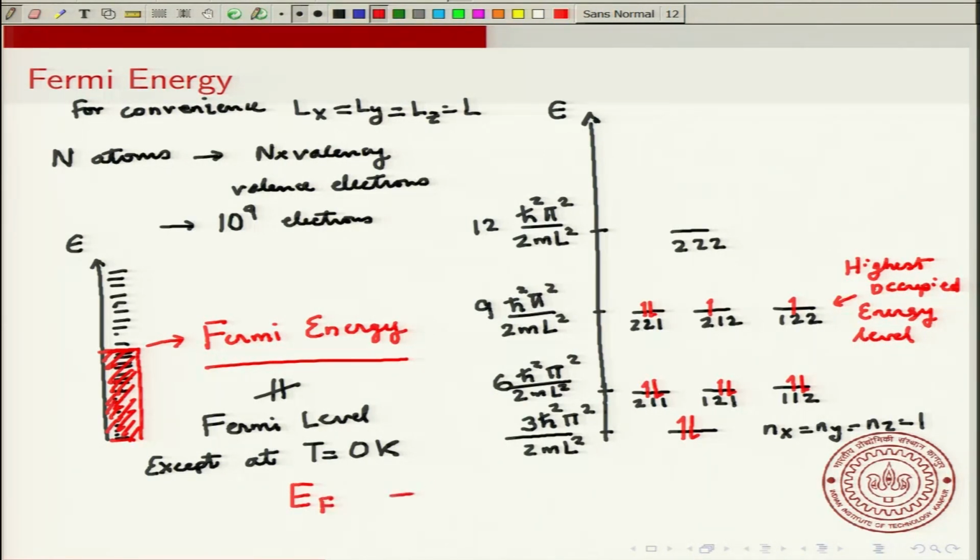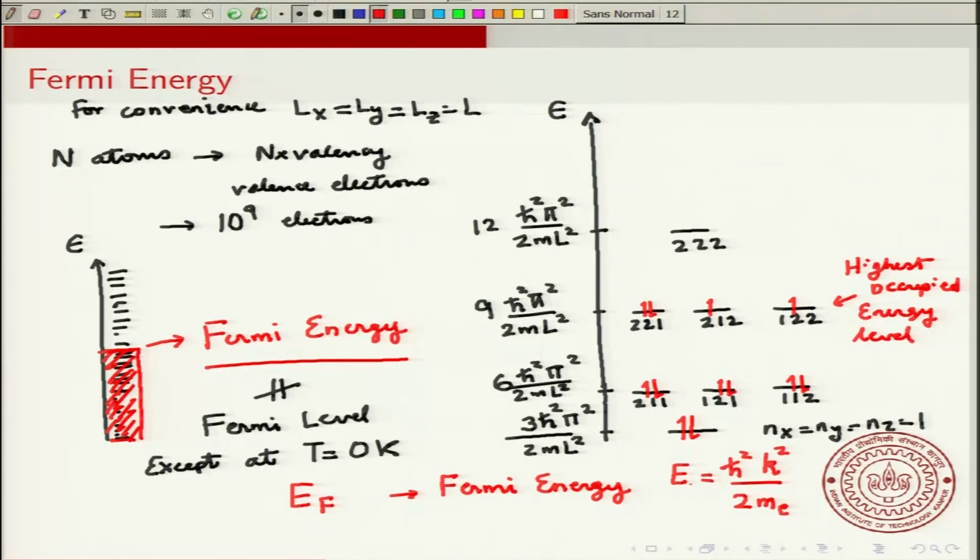Okay, this is the Fermi energy. And we will see that for a free electron model, EF is related to the wave vector k. For a free electron model, E is h cross square k square by 2m. Now we are talking about electrons, so it will be the mass of the electron.